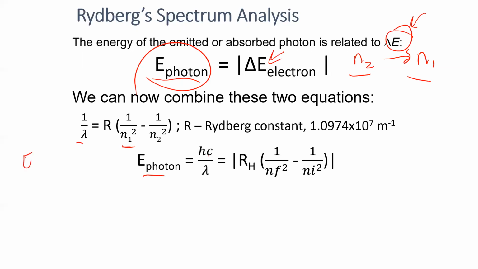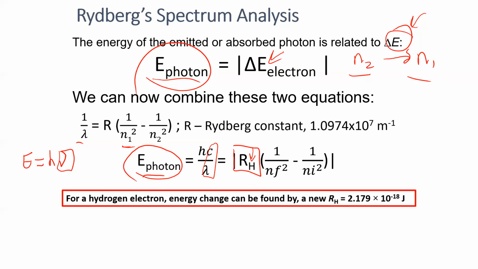And that was derived from energy equals Planck's times frequency, and rearranging, substituting for frequency, speed of light divided by wavelength. So we have to get a new R, though. The Rydberg constant doesn't allow us to get the energy of a photon. So now we see that this Rydberg constant is specific to the hydrogen atom's energy.